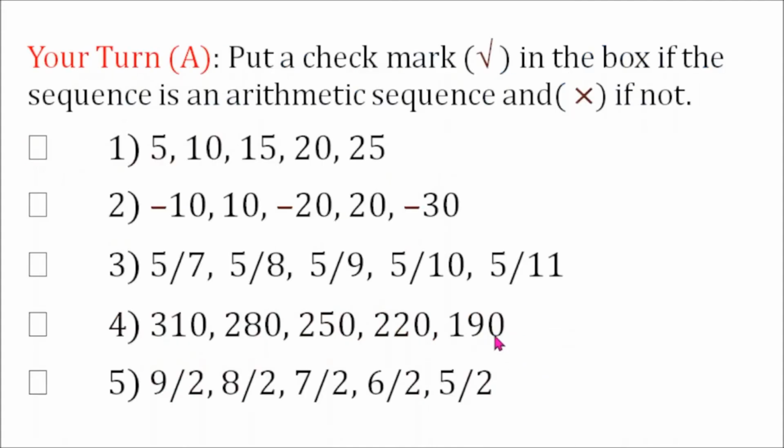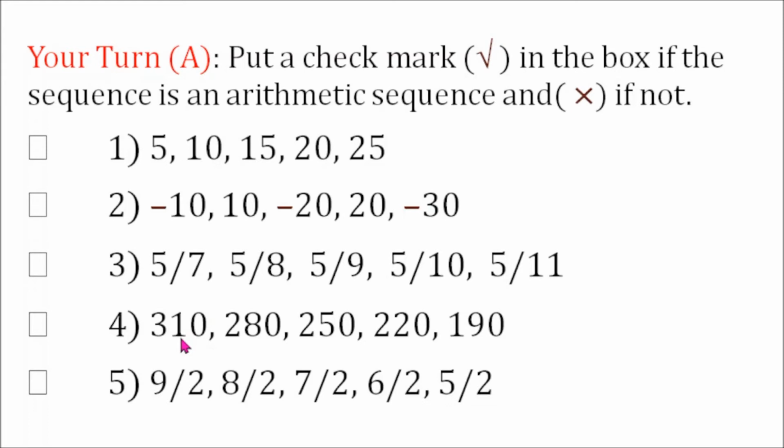Now, your turn. This is part A. Put a check mark in the box if the sequence is an arithmetic sequence and X if not. Number 1, 5, 10, 15, 20, 25. Number 2, negative 10, 10, negative 20, 20, negative 30. Number 3, 5 over 7, 5 over 8, 5 over 9, 5 over 10, 5 over 11.